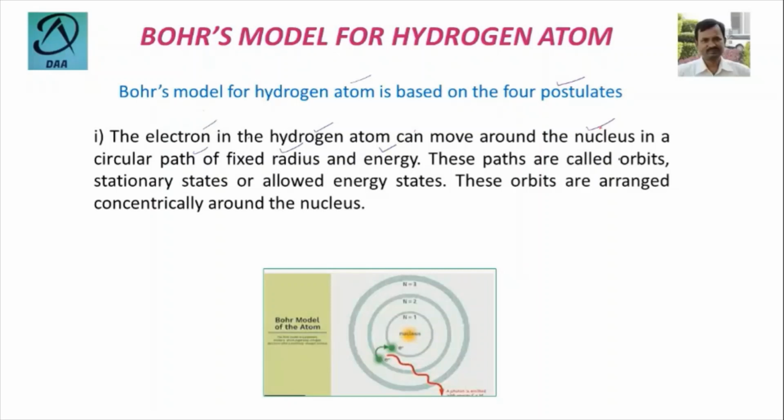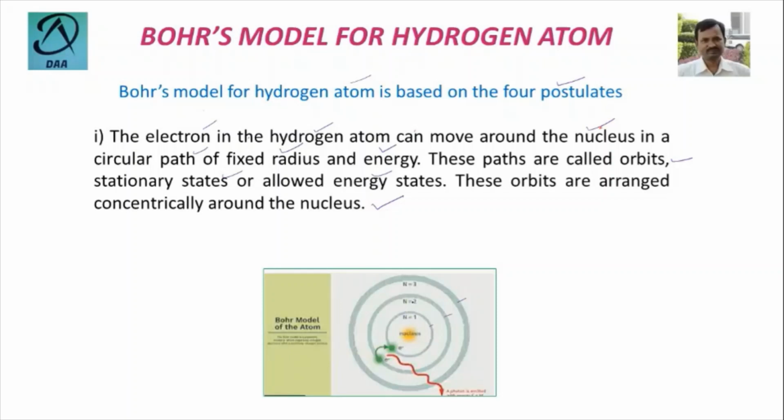This path is called an orbit, stationary state, or allowed energy state. These orbits are arranged concentrically around the nucleus. You can see this figure. These are all orbits, circular paths along which the electron will move.